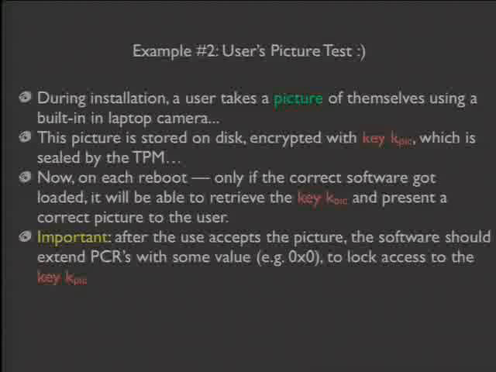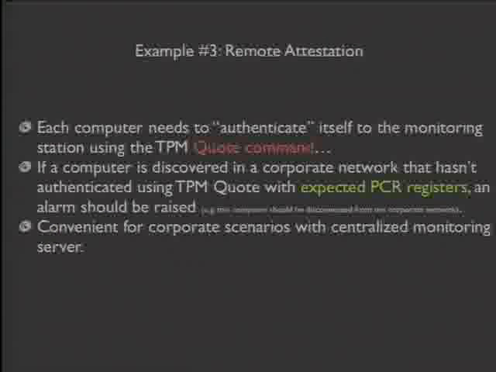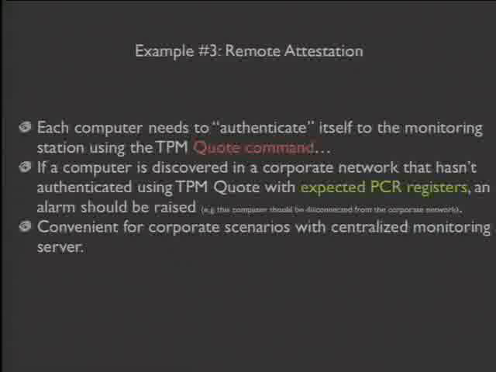Another scenario is to use remote attestation instead of TPM sealing and unsealing. But this scenario requires a central corporate monitoring server, let's say. So every computer in the corporation needs to authenticate to a central monitoring station with the quote command, which, as you remember, has the PCR values signed with the TPM internal key.